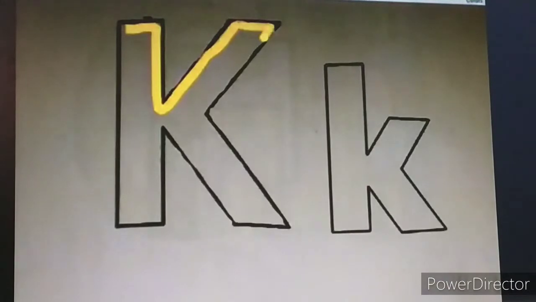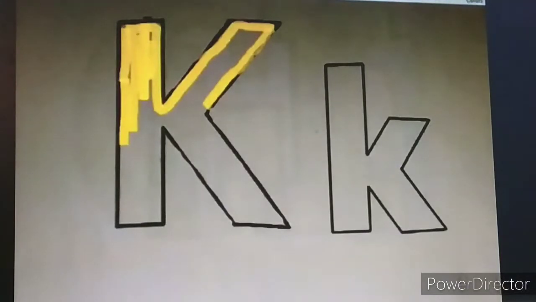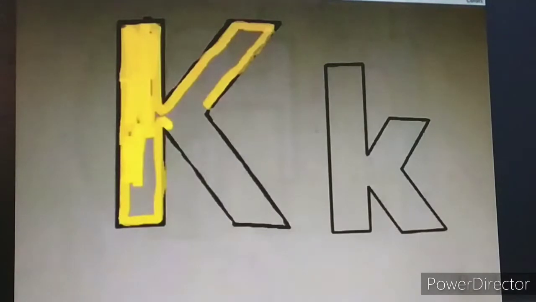First of all, make a border. This way, slowly do coloring in capital K and small k.